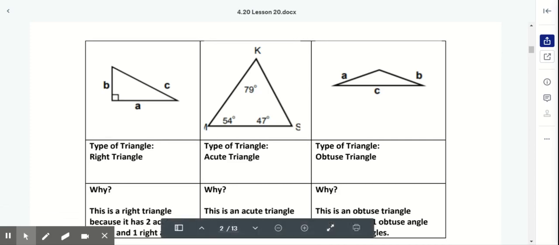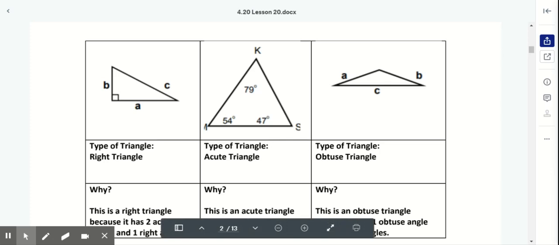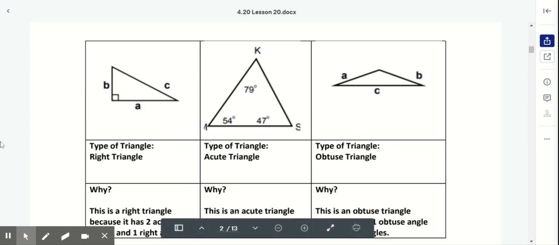Okay, welcome back. We're going to have our discussion and discuss our PST. And if you haven't noticed already, our PST is in two parts, so this is part one. So for our first triangle, we notice that there is a square inside of the triangle. We always know by looking at that square that it is a 90-degree angle.